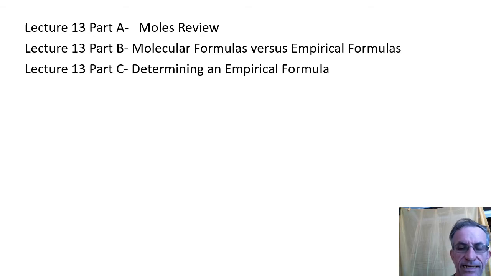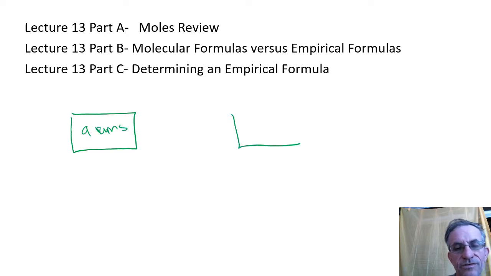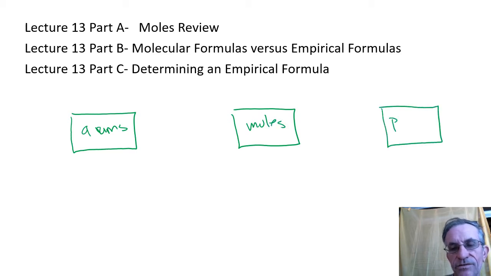So what we were doing last time, yeah, there was a lot of different problems, but all of them can be summed up in this one diagram. We talked about how you can convert between grams and moles, and then how you can convert between moles and particles. So we're going to do a few more going between these three ideas.